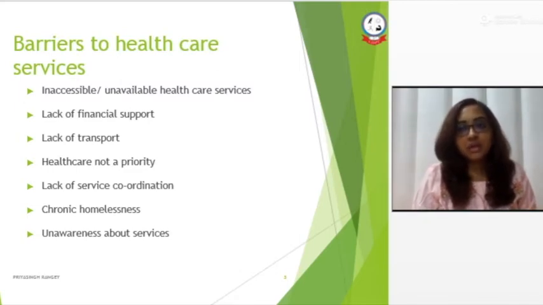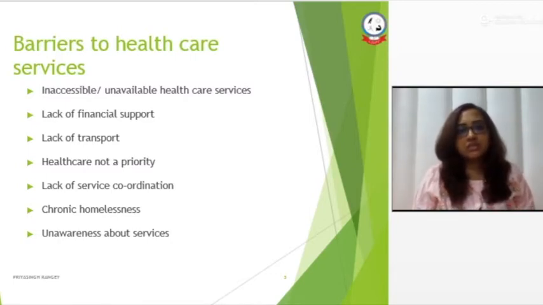Also, when we look at the healthcare system prevalent in India today, there are so many inaccessibilities that these people face, because most of the healthcare systems are developed in urban areas, or at places quite far away from the population that requires them.